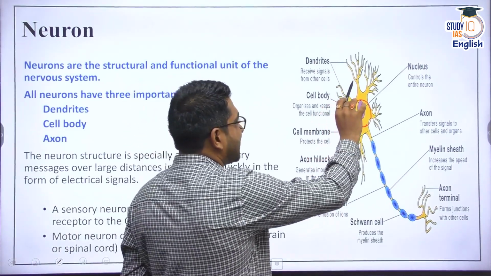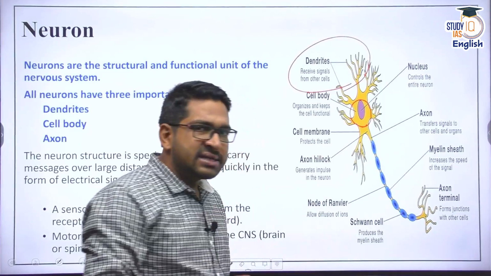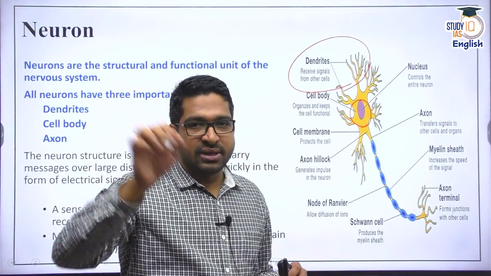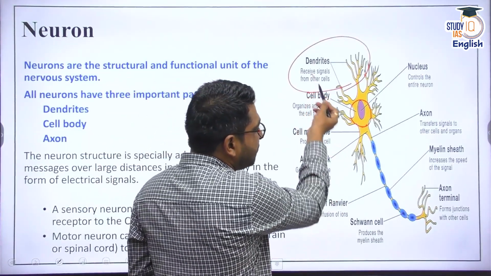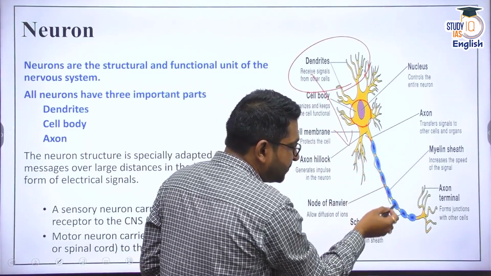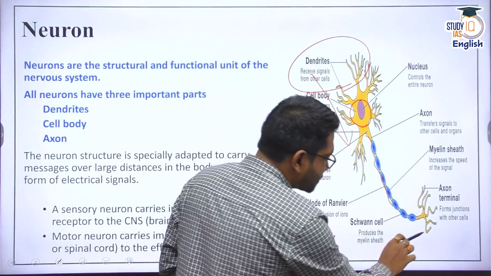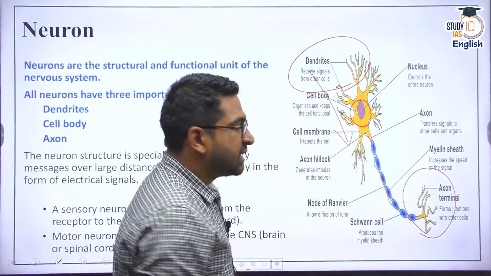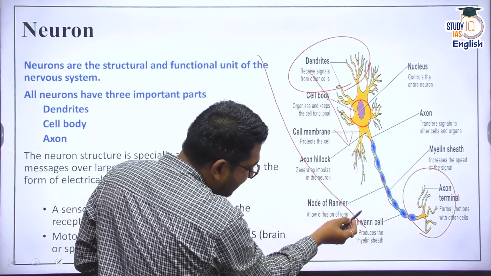It has dendrites. You can see these dendrites are finger-like projections. From here, the information has to be relayed to the axon. This is the axon, and at the end, there are axon terminals. This means the information is going to be relayed in this particular direction.